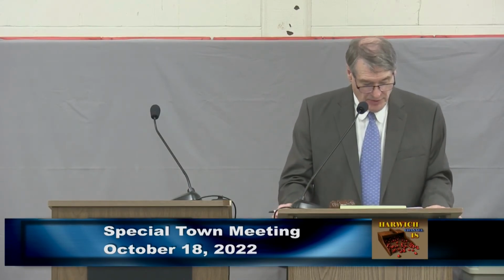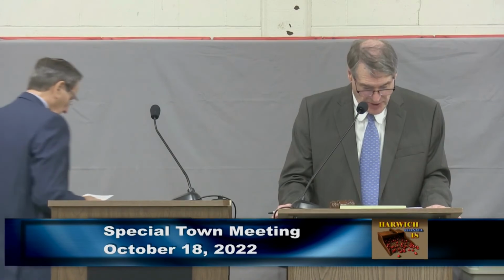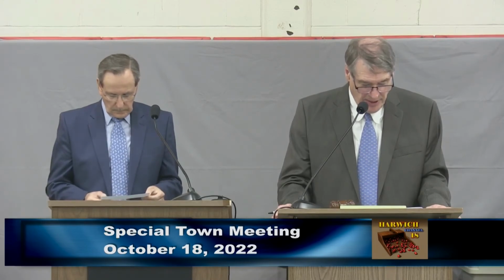See if the town will vote to amend the action taken under Article 6 of the 2022 annual town meeting by adjusting the amount to be raised and appropriated to pay for the Monomoy Regional School District revised assessment for fiscal year 2023 and to act fully thereon. Mr. Hughes.